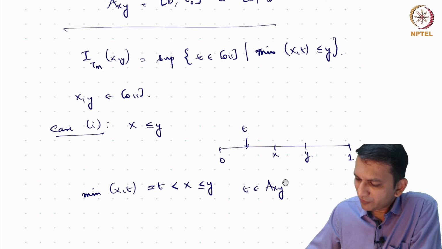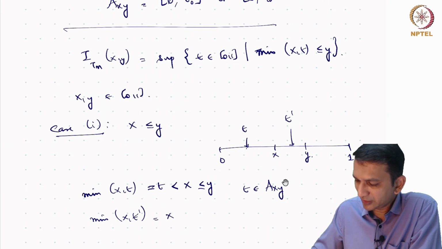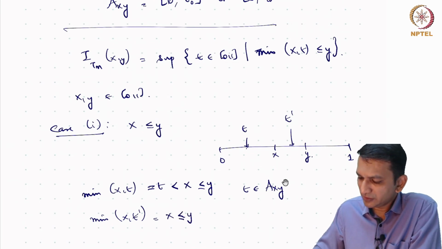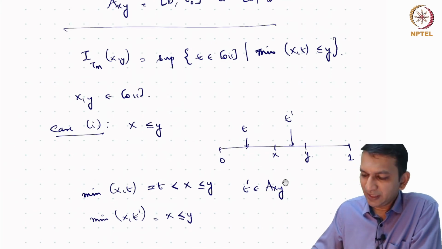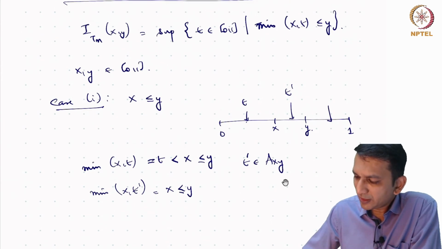Now what if I take a t here or a t dash here? Once again, minimum of x comma t dash is actually equal to x, because t dash is greater than this, but x is smaller than or equal to y, so that means minimum of x comma t dash is less than or equal to y, which means once again t dash also belongs to AXY. What if I take a t double dash which is bigger than y also?